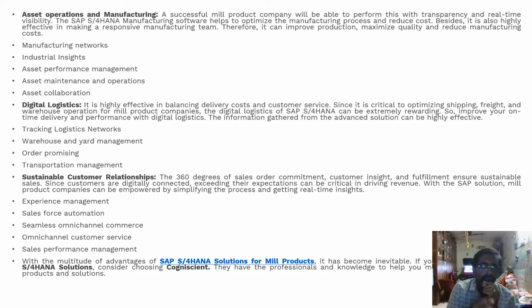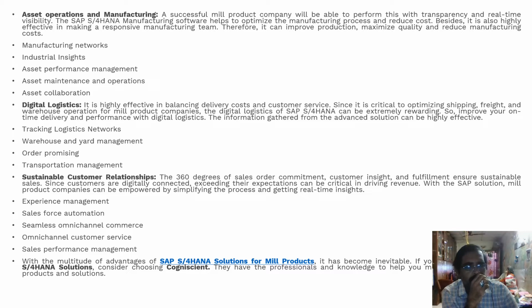When coming to the mill industry, we need efficient asset operations and handling, so that we can face the manufacturing demands and, at the end of the day, meet the customer demands. So we have the complete collaboration of asset with the inventory, and asset maintenance and operation should be properly integrated, thereby increasing the asset performance management, right? And so the industry will have a complete insight of the operation.